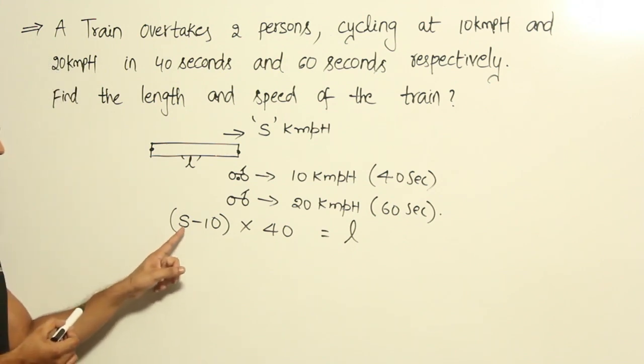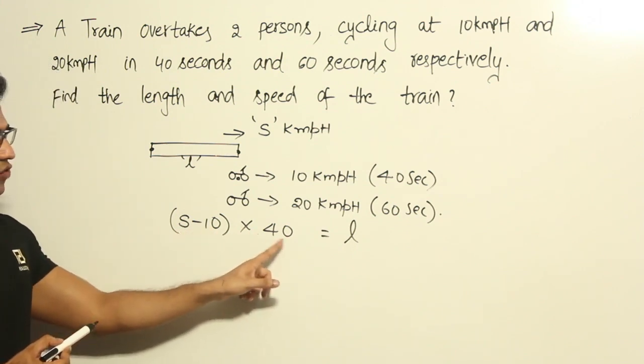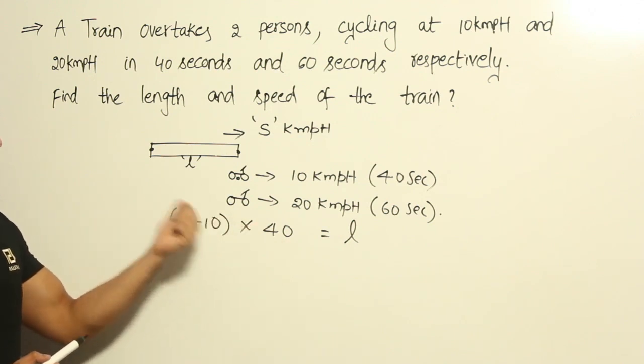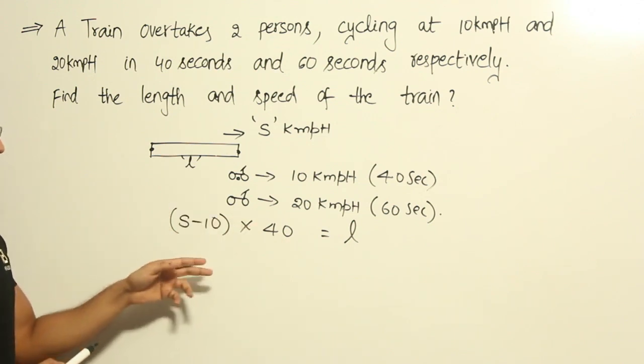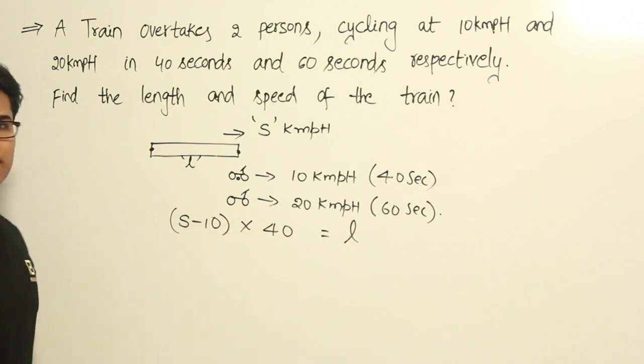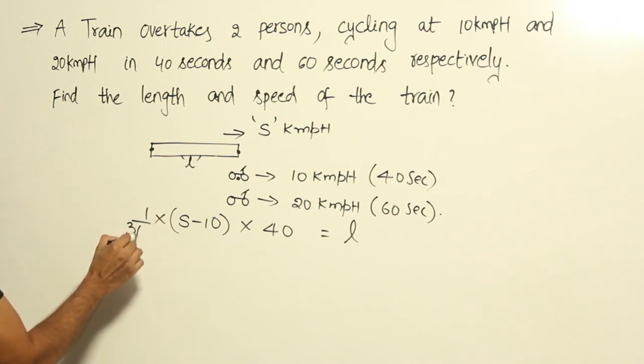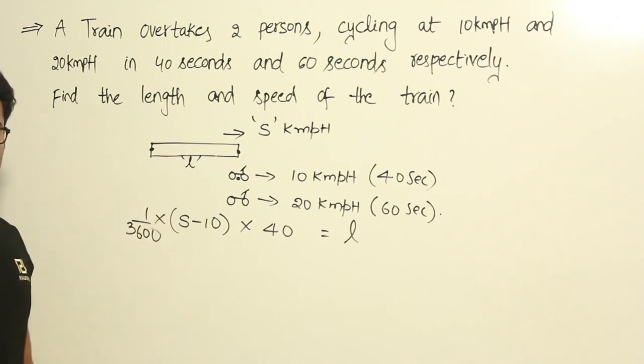But if you observe, s and 10 are in kilometers per hour, but this 40 is in seconds. So you have to convert either everything into hours or everything into seconds. Now let us say I want to convert everything into hours. Then I can divide by 3600, right? Or if you want to convert everything into meters per second, then you can multiply by 5 by 18.